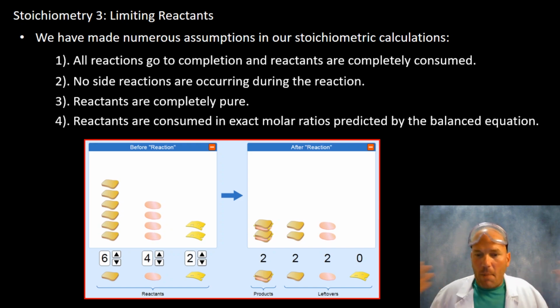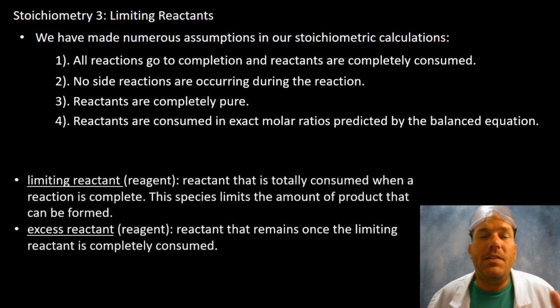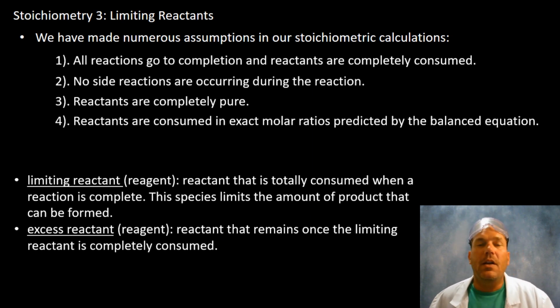Okay, so I'm going to have some excess reagents or reactants. I'm going to have leftover meat. Okay, all the limiting reactant, i.e. the cheese, is gone, but I'm going to have 2 pieces of bread and 2 pieces of meat that are in excess.